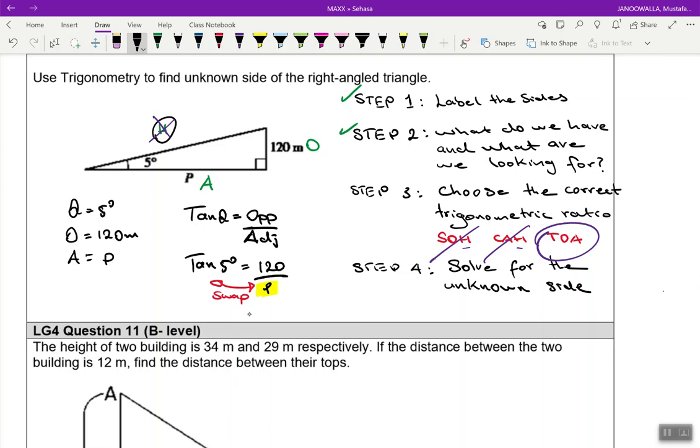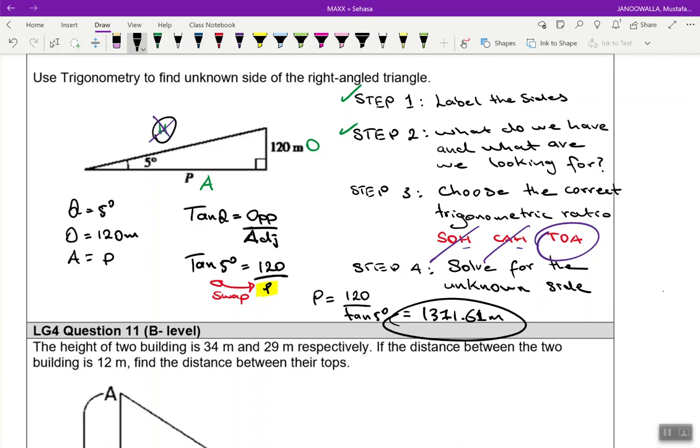So this will look like P equals 120 divided by tan 5. When the unknown's at the bottom, you divide, and the answer will be 1371.61, and it's in meters. That's my final answer there.